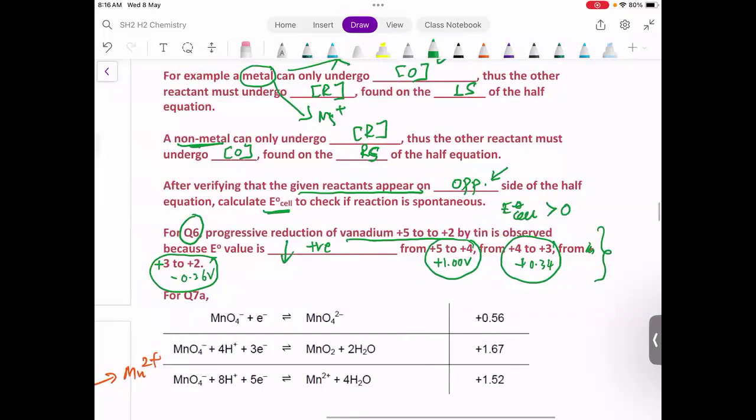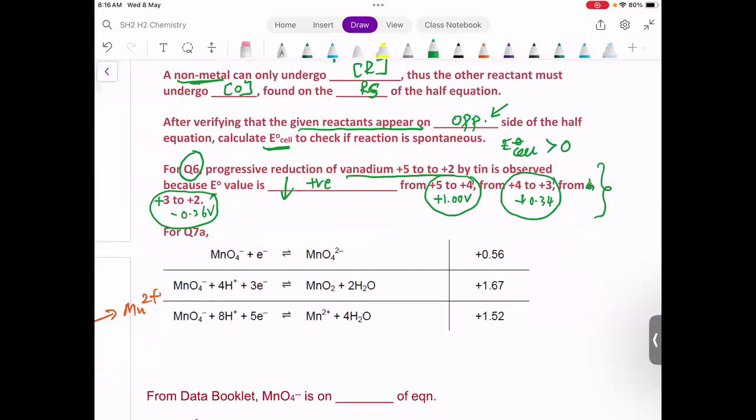Then for question 7a, what is the learning point? The learning point is that your manganate is in highly acidified medium. So being in highly acidified medium, we will only consider reduction to Mn2+, despite the fact that the E0 value of Mn2+ is less positive than manganese dioxide.